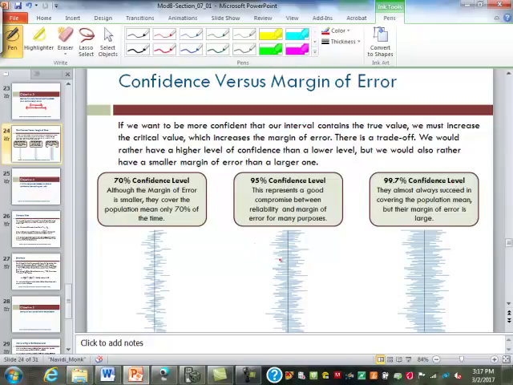It's fairly reliable, with only a 5% chance that it's going to miss, but it's also practical. 99.7%, well, that's going to be a much, much wider interval because we need to catch that true population mean 99.7% of the time. The problem is it's a huge interval and it doesn't narrow things down enough for us to be able to catch it.